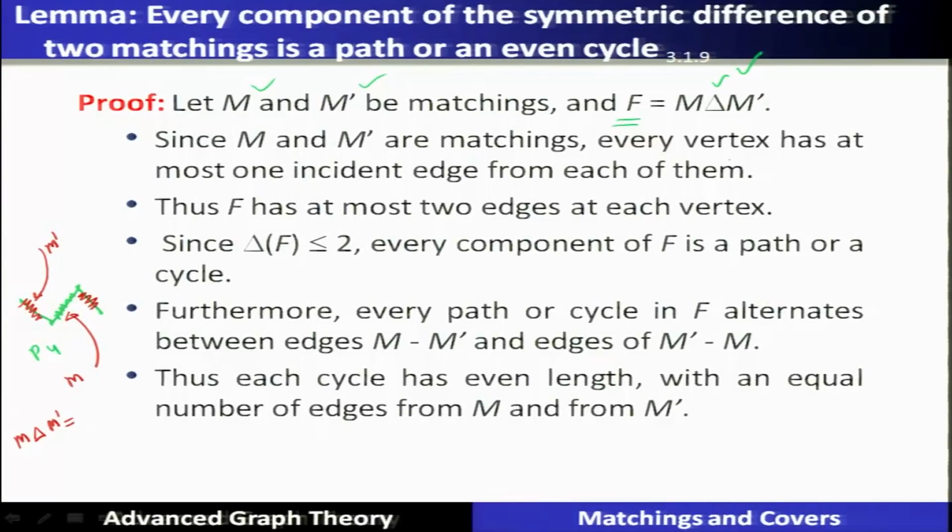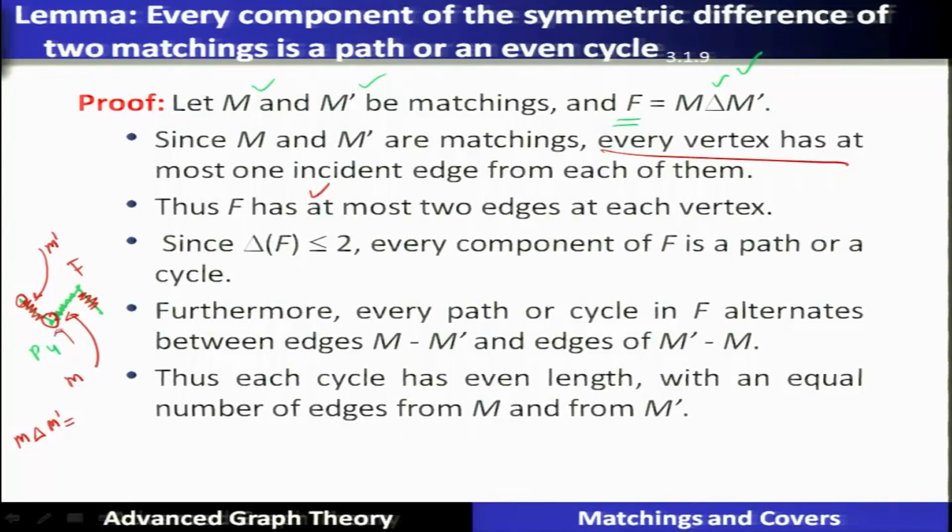So, every vertex has at most one incident edge from each of them. Let us say this particular vertex has only one edge incident from M prime and none from M. This particular vertex has edges incident from both M prime and M. So, at most one edge is incident from each of them, thus F has at most 2 edges at each vertex.